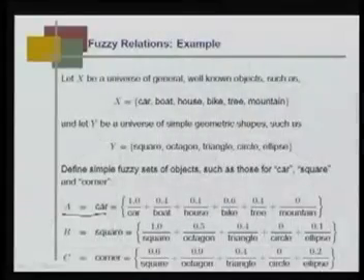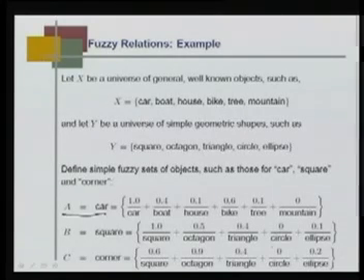The square has 4 corners, octagon has 8 corners, triangle has 3 corners, circle has no corner, and ellipse, although it does not have exactly corners, may appear to have some.